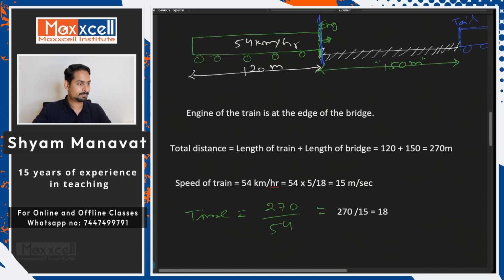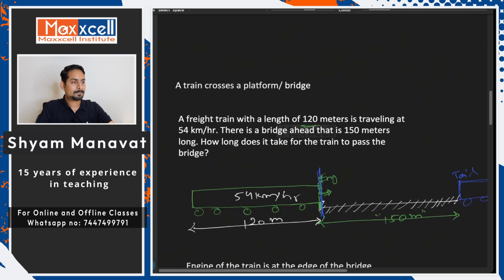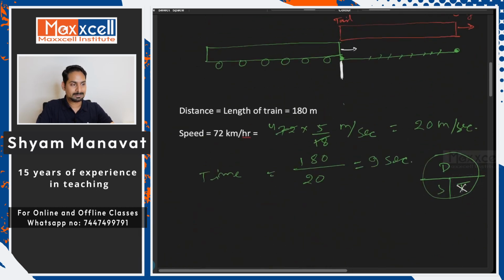Why 15? Because we have to convert into meter per second. So this is divided by 15. Yeah, distance by speed, that is equal to time. Yes. Yeah, remember this circle. If you want to find out time, then it is distance by speed.